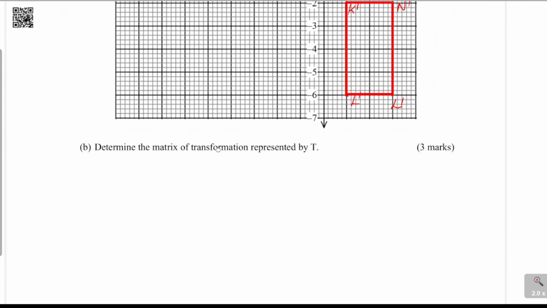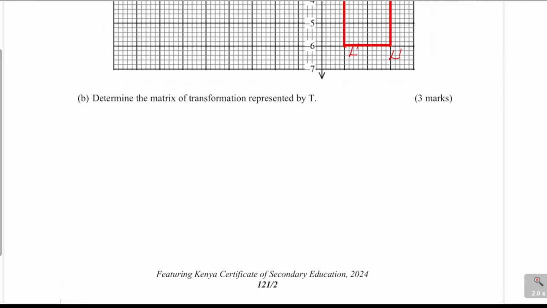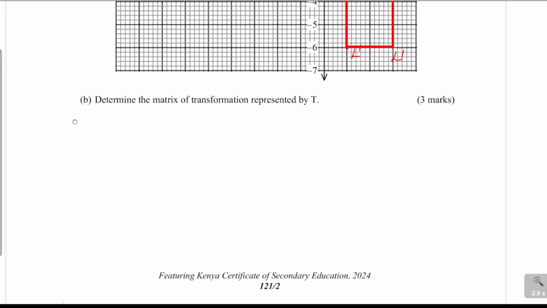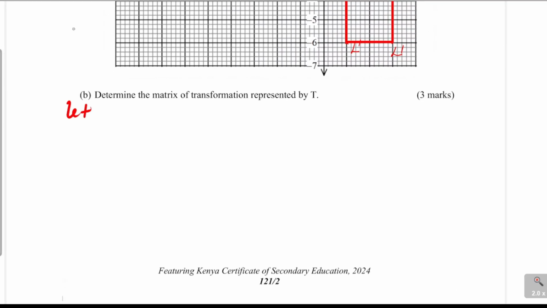So in that question, you simply let the matrix T be represented by A, B, C, and D. In order to get that T, you pre-multiply the object by A, B, C, D.